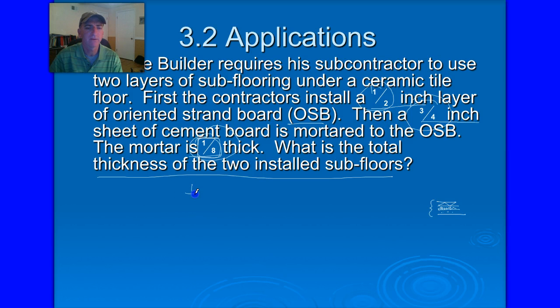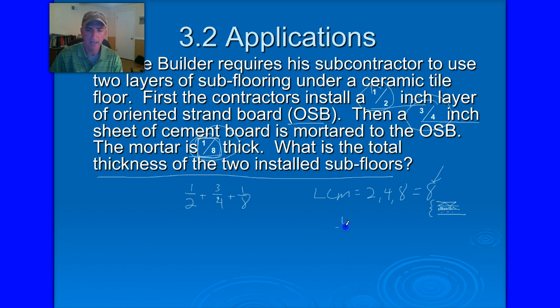So if you haven't figured this out, you're going to add those values up. 1/2, 3/4, and 1/8. All right, you don't have a common denominator, so what you have to do here is find the least common multiple of 2, 4, and 8. And it's actually not as hard as it originally looks, is it? It's 8.